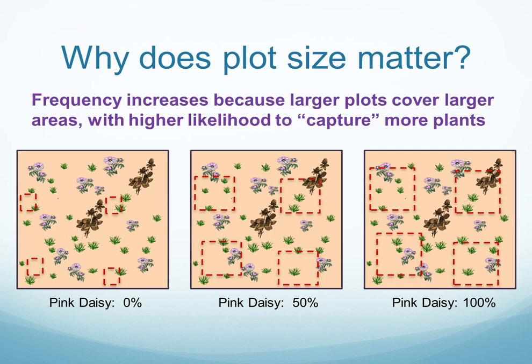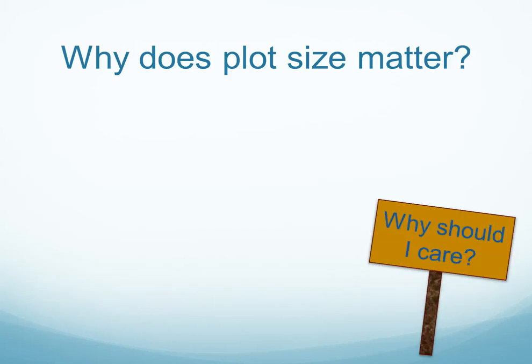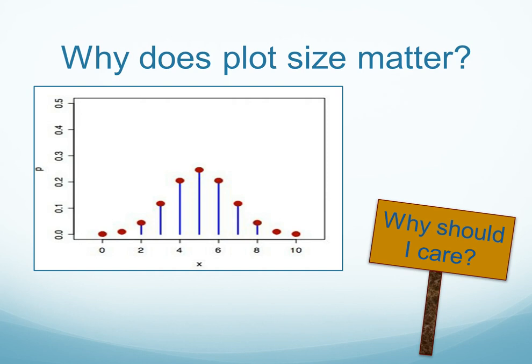And this makes sense, because larger plots simply cover larger areas, and therefore we have a greater likelihood of encountering species with larger size quadrats. Now you may be wondering why you should care about this.